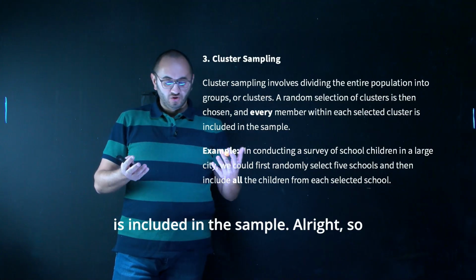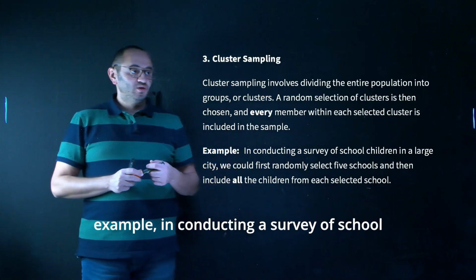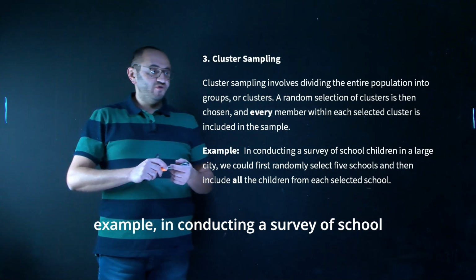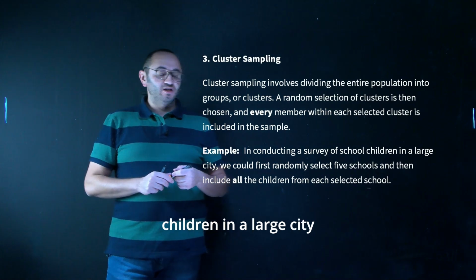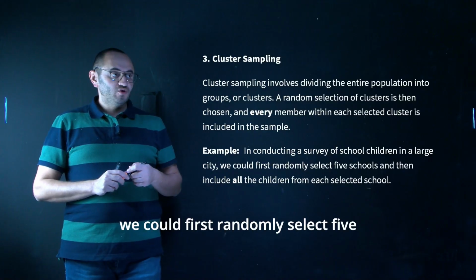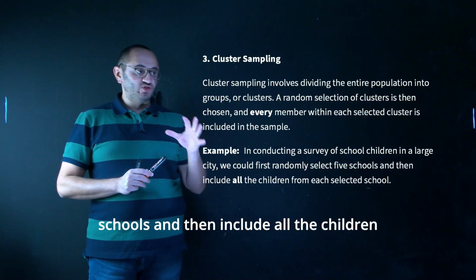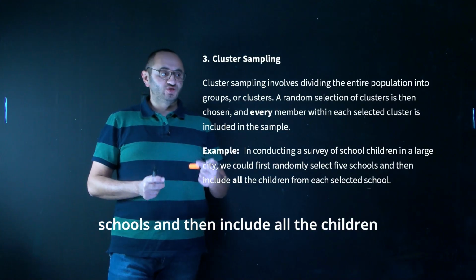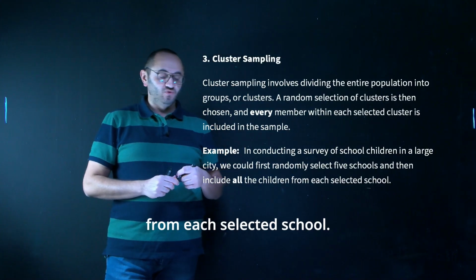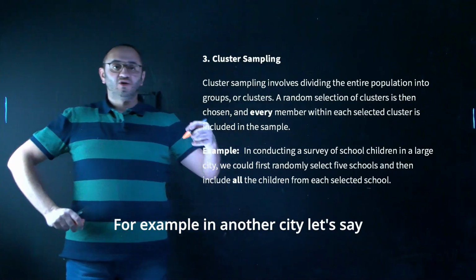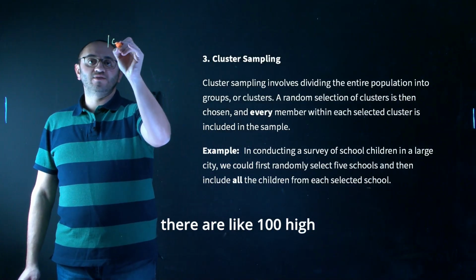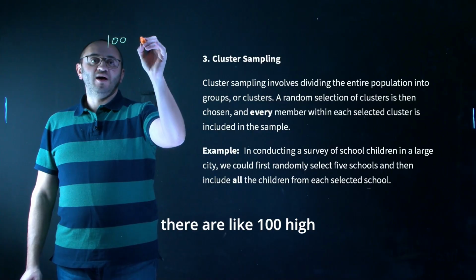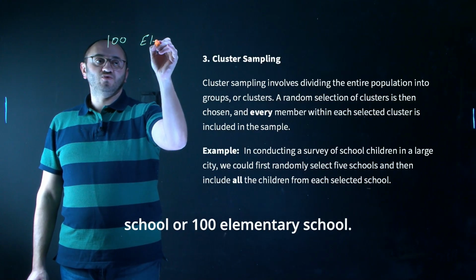For example, in conducting a survey of school children in a large city, we could first randomly select 5 schools and then include all the children from each selected school. For example, in a large city, let's say there are 100 high schools or 100 elementary schools.